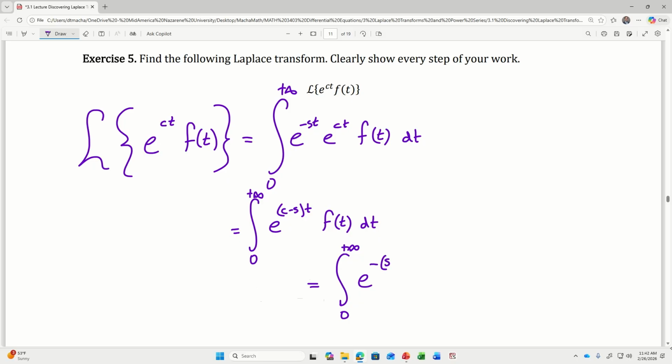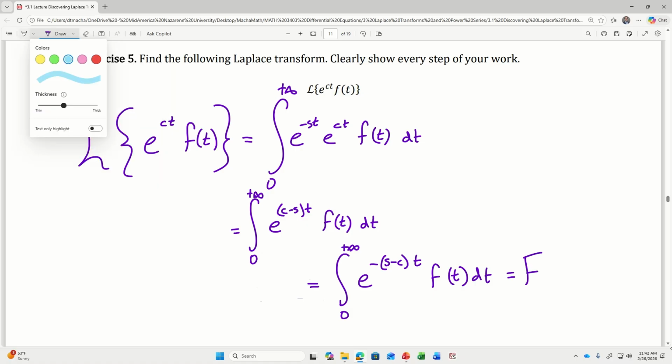And so this is really e to the power negative s minus c times t times f of t dt. And that would mean replacing s, where it shows up in the original formula, with s minus c. There we go.